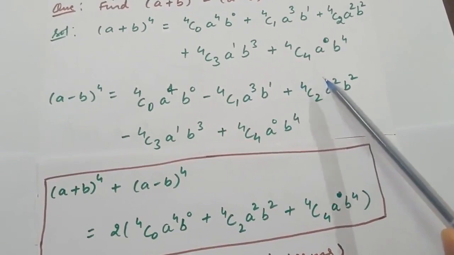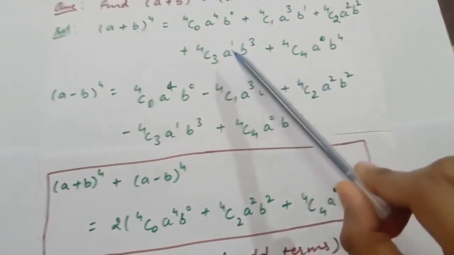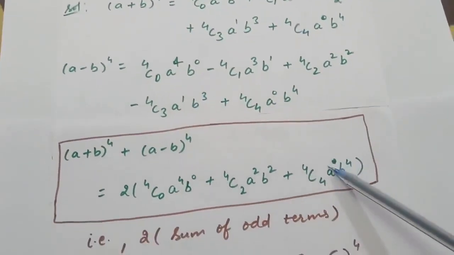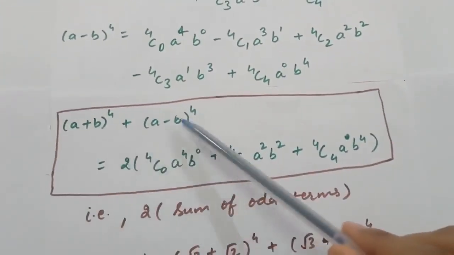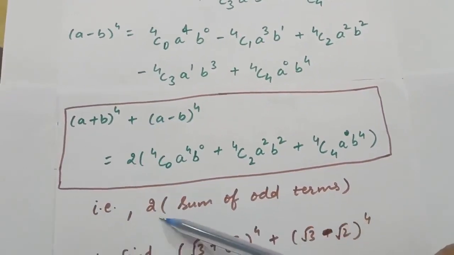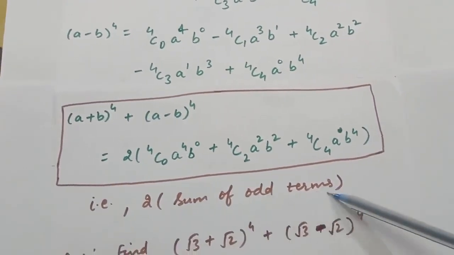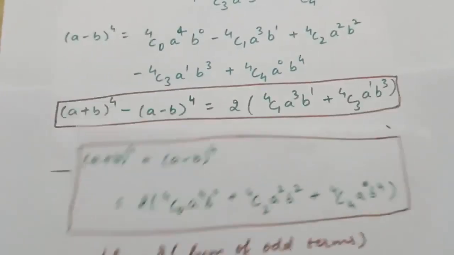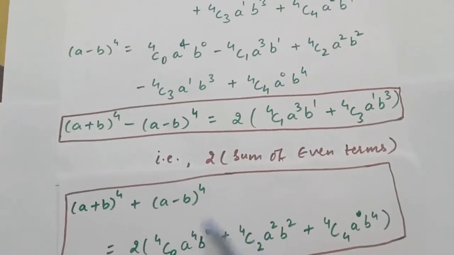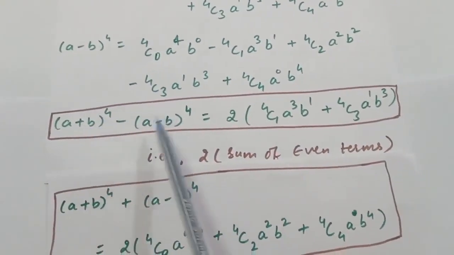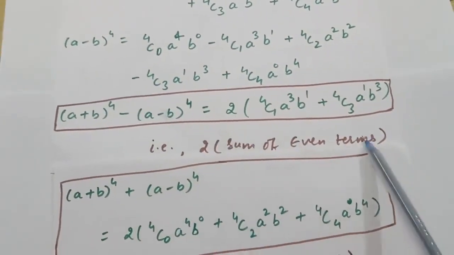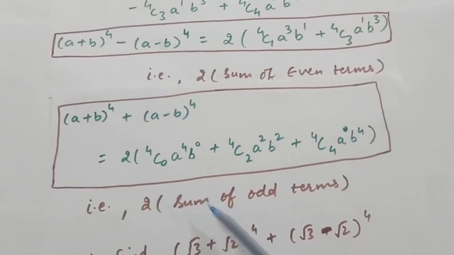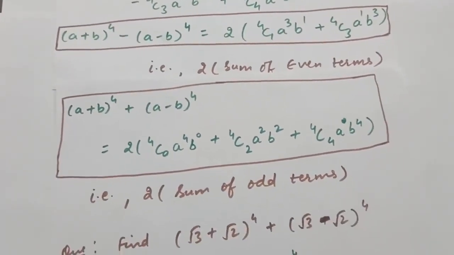You will get twice the third term. Then the fourth term will get cancelled. And you will get twice the fifth term. Therefore the addition of these two expansions is twice the sum of odd terms. Clear? So you have to learn these two formulas: the subtraction of these two expansions is twice the sum of even terms, and the addition of these two expansions is twice the sum of odd terms.